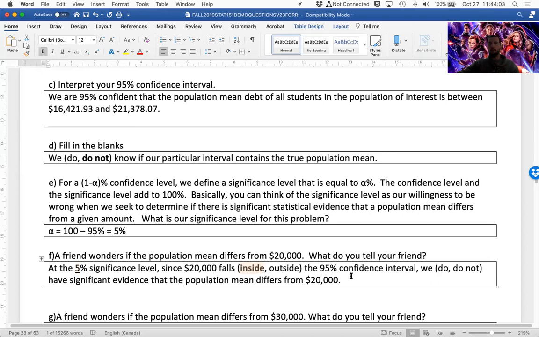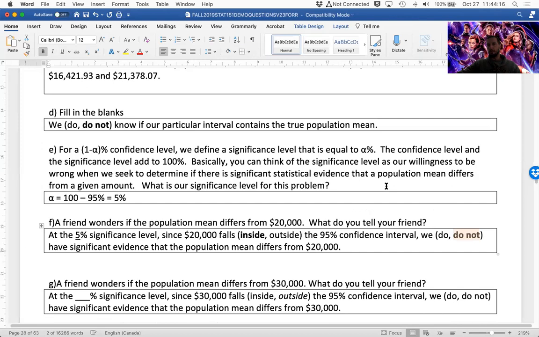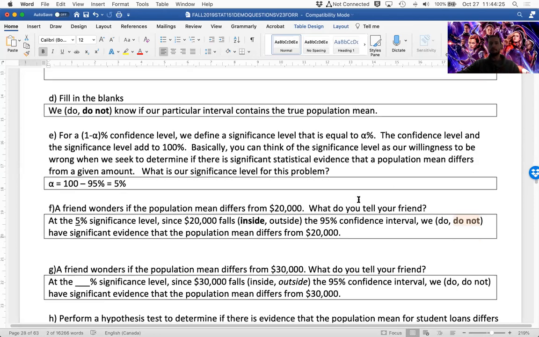Because 20,000 is inside the interval, we do not have evidence that the population mean is different from this number. So there's nothing to suggest that it couldn't be 20,000. The interval contains 20,000, so that gives evidence that it possibly could be.